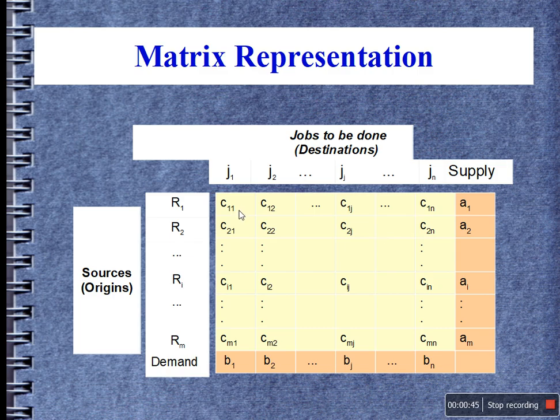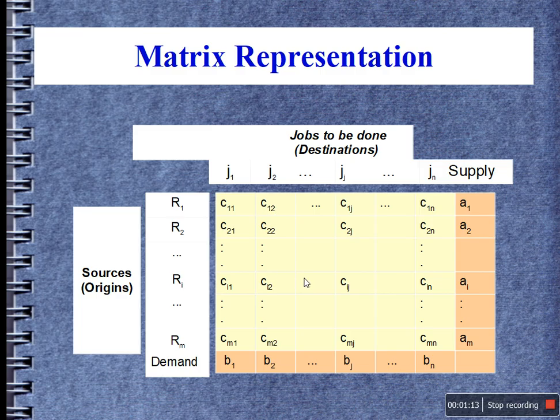Here the value C11 is the unit cost for transporting from origin R1 to destination J1, and C12 is the cost for transporting from origin 1 to destination 2. So we are using the index 1 2, which means that from origin 1 to destination 2 the cost is C12.